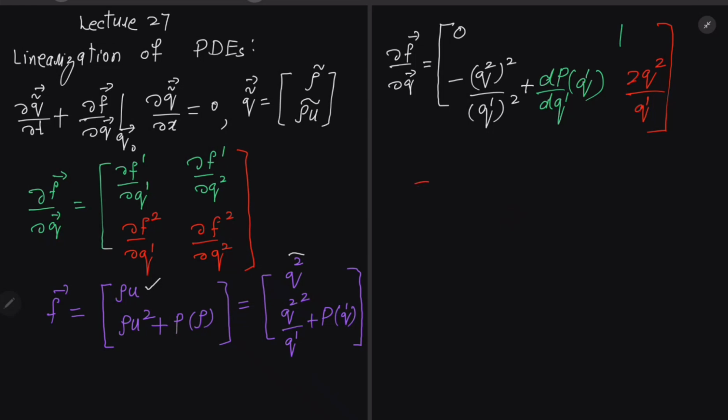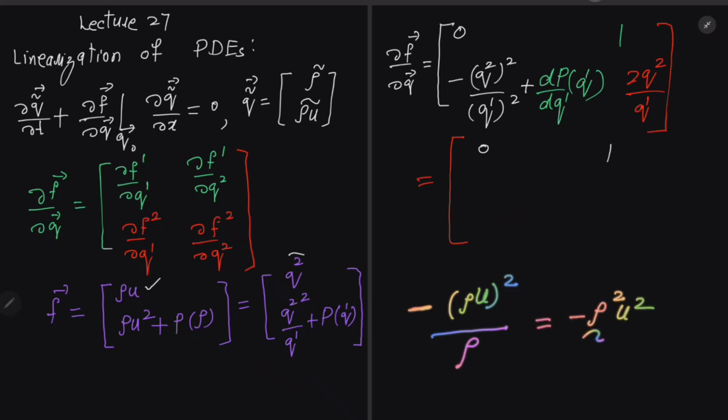We further simplify it in terms of u. We get 0, 1, and minus q2 square over q1 square. What is q2? Rho u whole square divided by q1, which is rho. This will be equal to minus rho square u square over rho square, so we get minus u square.